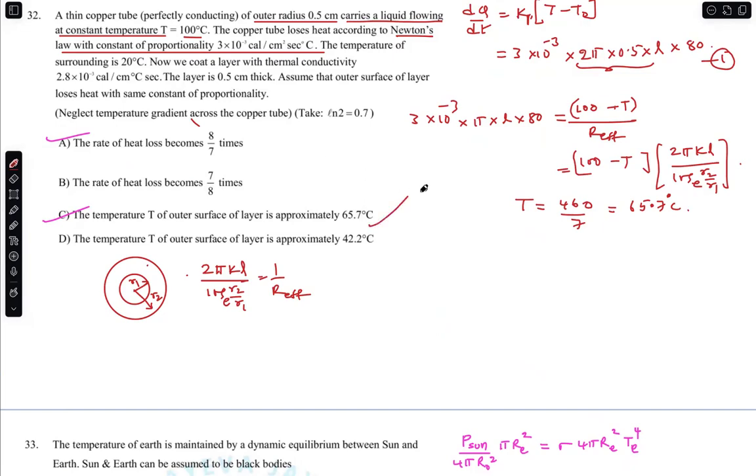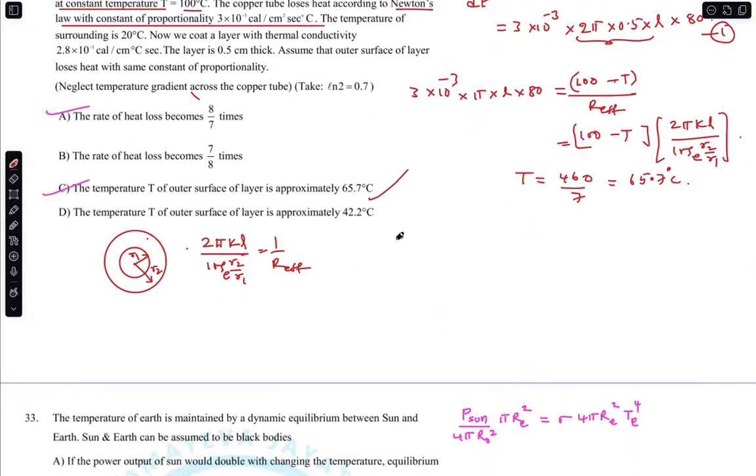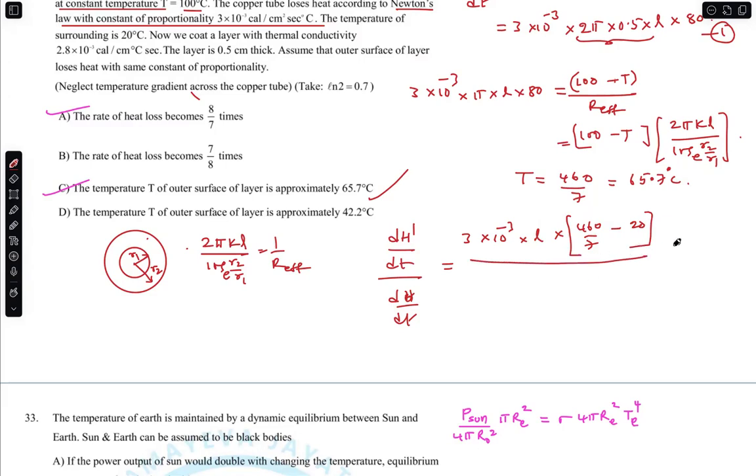What about the rate of loss of heat? Now dH dash by dt, we will compare with the previous dH by dt. This is 3 into 10 power minus 3 into L into (460 by 7 minus the surrounding temperature 20) into 2 pi, by dH by dt initial part.